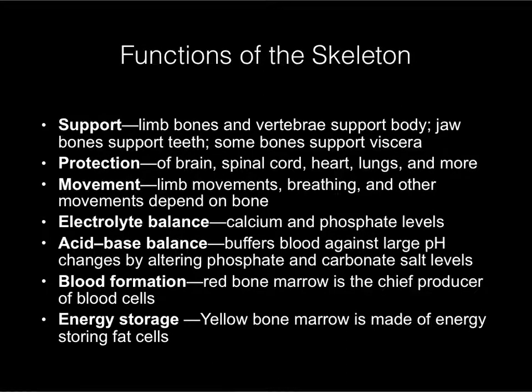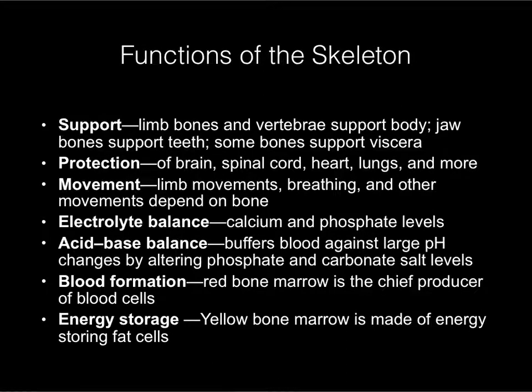Your skeleton plays a particular role in regulating calcium levels in your blood. Calcium is exceptionally important to the functioning of both nerves and muscles. You need to have enough of it, but you don't want to have too much of it. And your skeleton's primary components include calcium, specifically calcium phosphate.